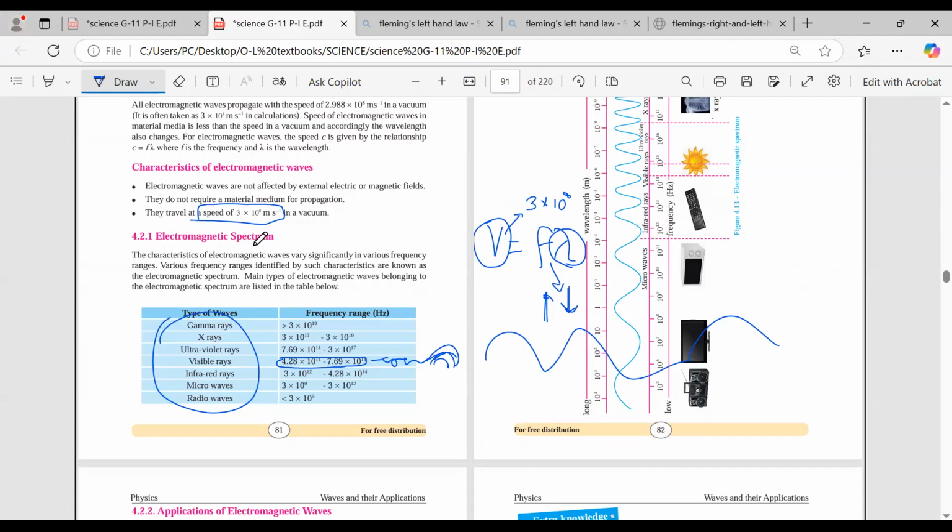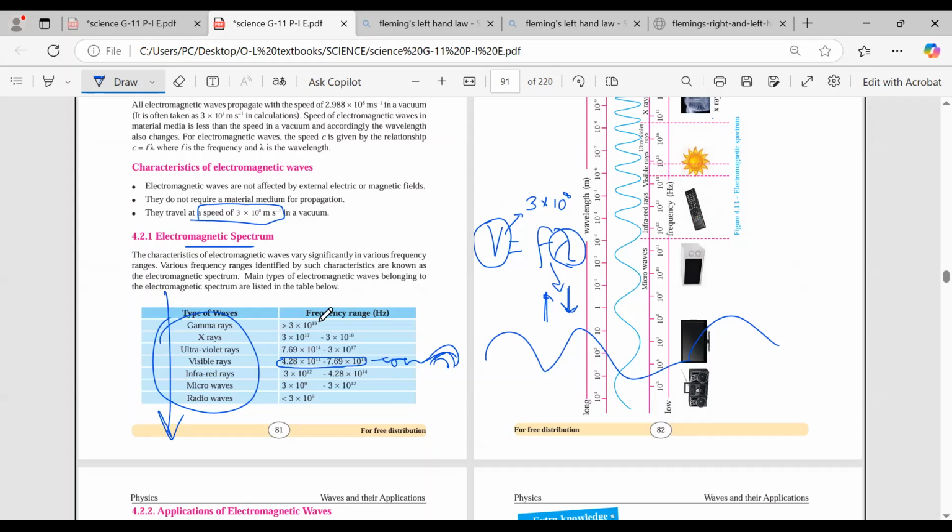So in the electromagnetic spectrum, you have different types of waves. There are 7 types that you all should know. In these 7 types, as you go down the types of waves, from gamma to radio, right? You can see what's happening to the what do we tell?